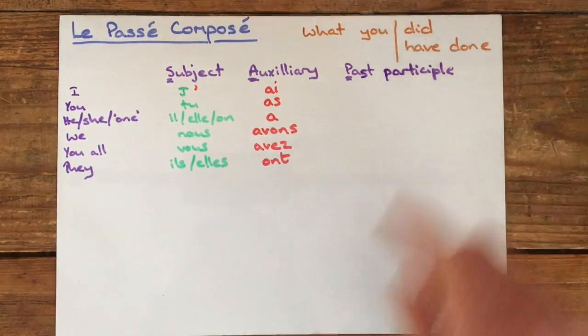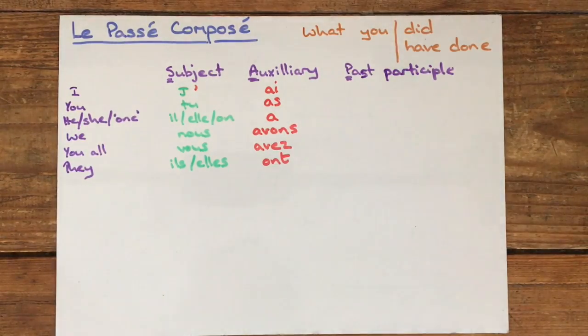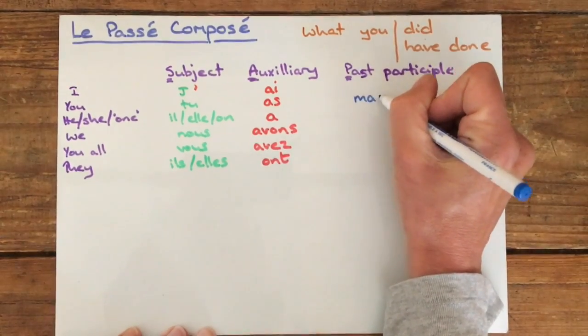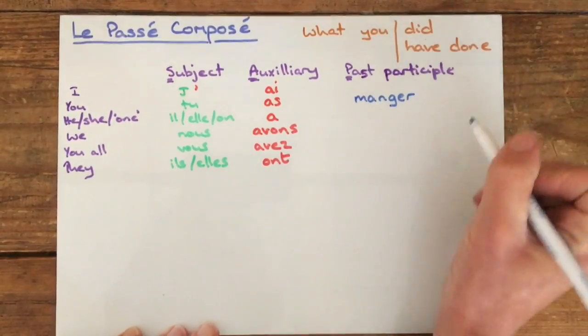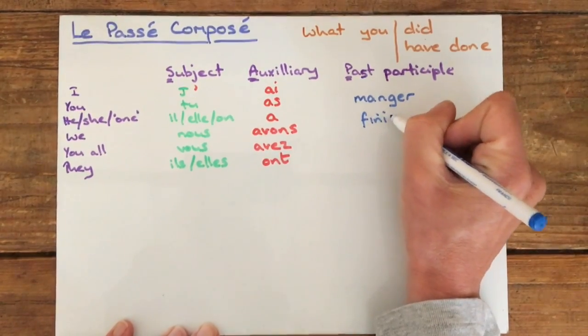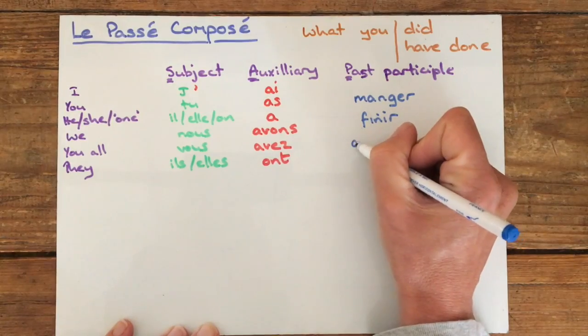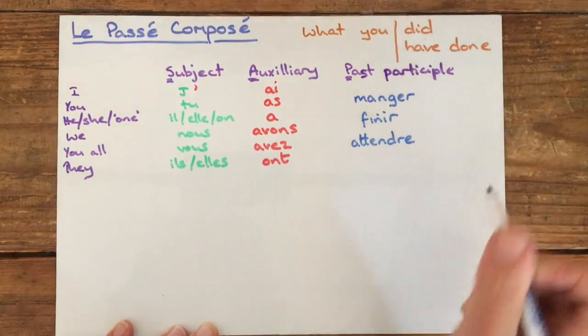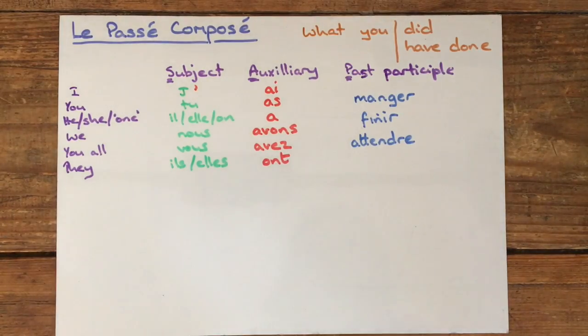Now we need to make this past participle, the done. So we're going to start with how we do it with an ER verb. So let's take manger. What should we use for an IR verb? Finir. And an RE verb, attendre. So those are your three main families of verbs. The most common one is your manger, as your ER.